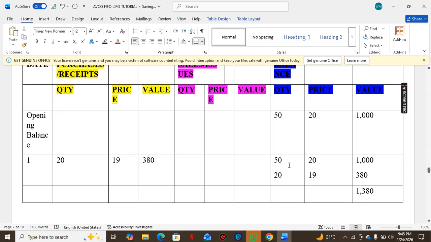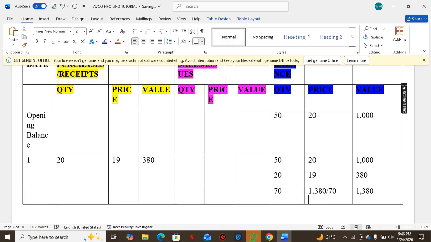The total quantity, 50 plus 20, we get 70. So our average cost will be the total cost, 1380, divided by 70. What do we get, colleagues? 19.7.